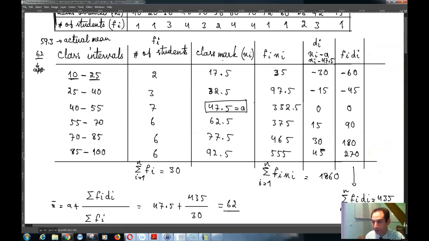Let me draw some lines around this table so we know what we are talking about. First, I need to erase these, and remember that the approximation was 62, right? So now I draw these lines around this table.